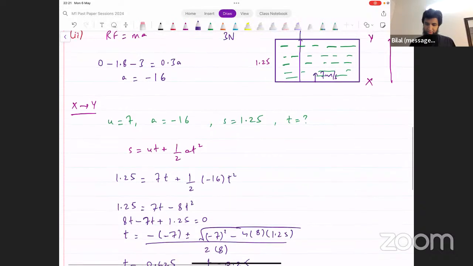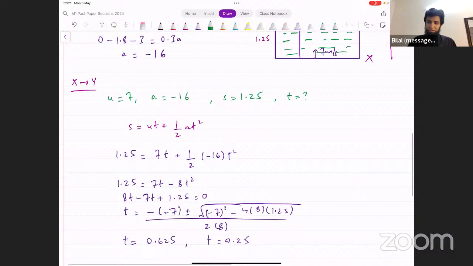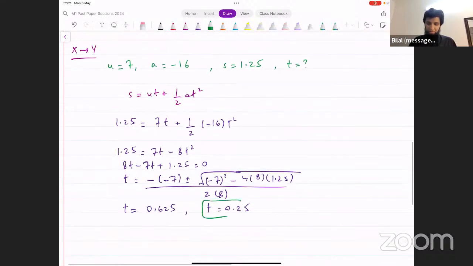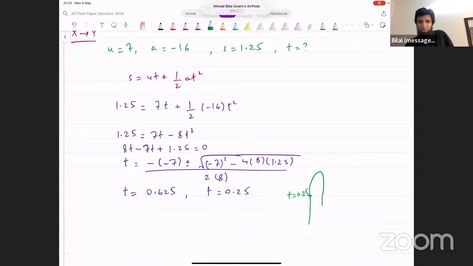Now that means its displacement first becomes 1.25 when time is 0.25. So basically it's considering this journey, that it goes upwards and then comes downwards. First of all, displacement becomes that much when time is 0.25, and then it becomes the same displacement again when time is equal to 0.625.